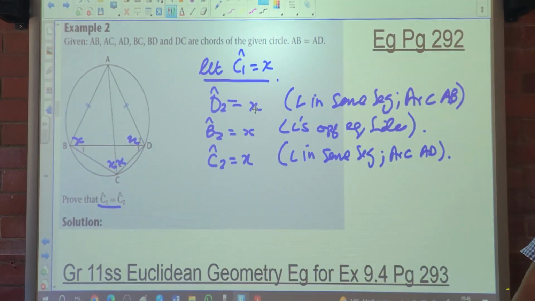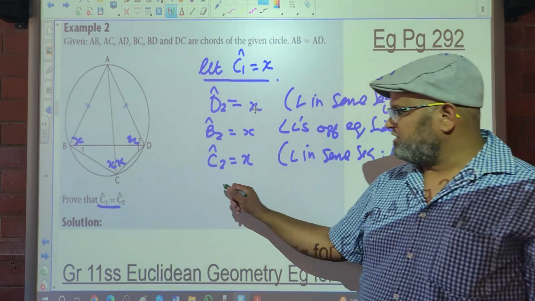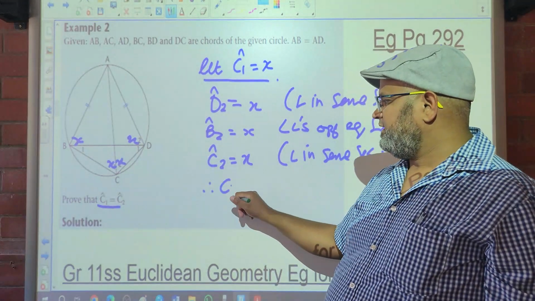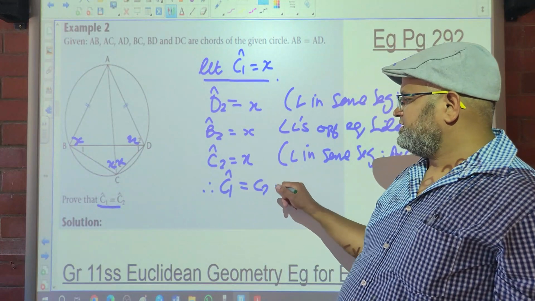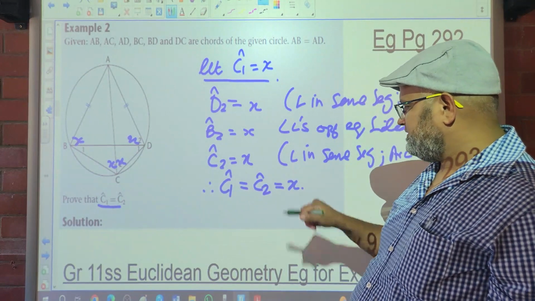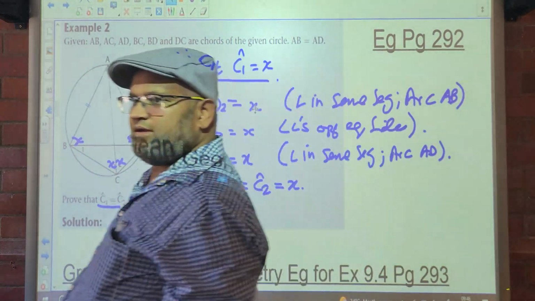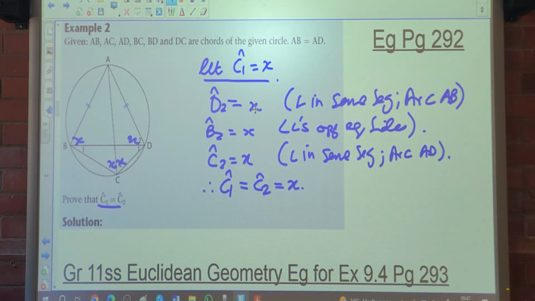C1 and C2 have an x in them, not so? Yes, sir. So we just conclude: therefore angle C1 is equal to C2, which is equal to x. Okay. Easy, no? We'll just play around with it. You'll see how easy it is.